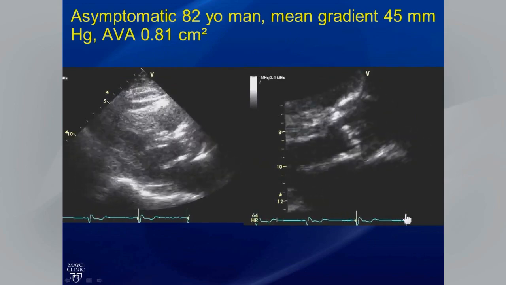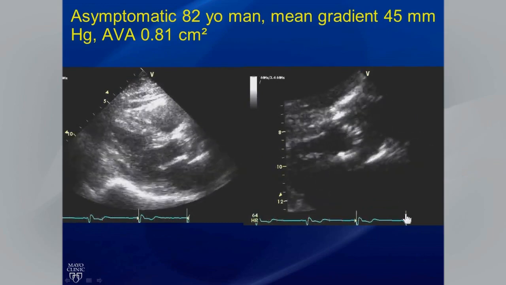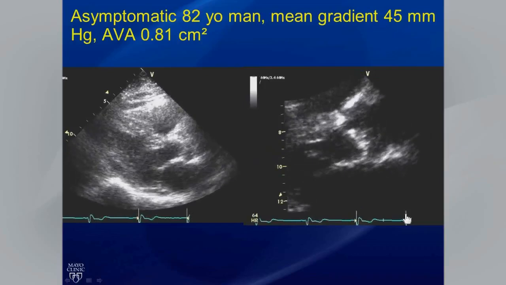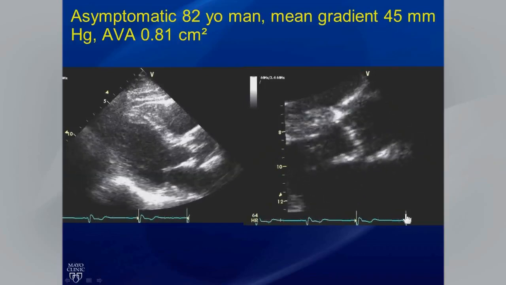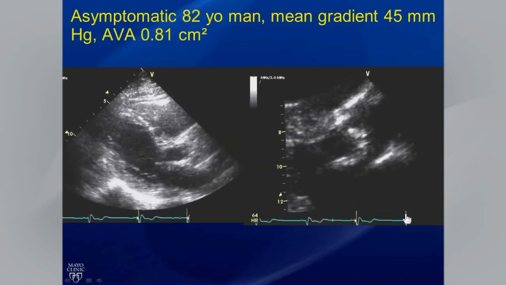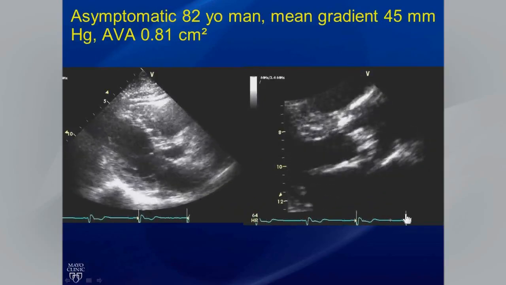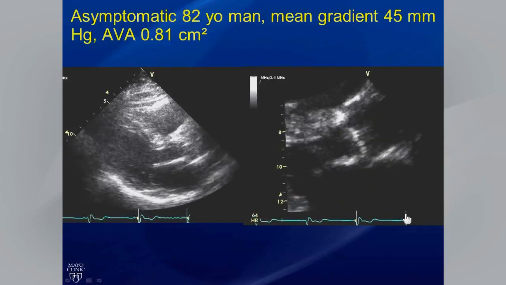Here's an example from our practice. This is an 82-year-old man who was asymptomatic. His mean gradient at rest was 45 millimeters mercury, and his Doppler-derived aortic valve area was 0.81 centimeters squared. You can see that his left ventricular systolic function appears normal in this parasternal long axis view.